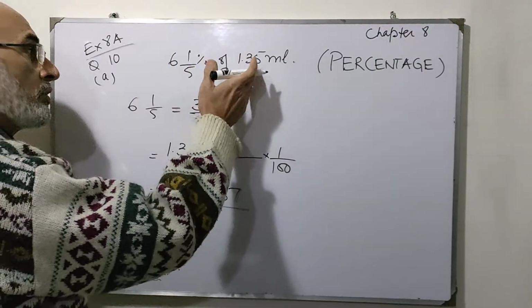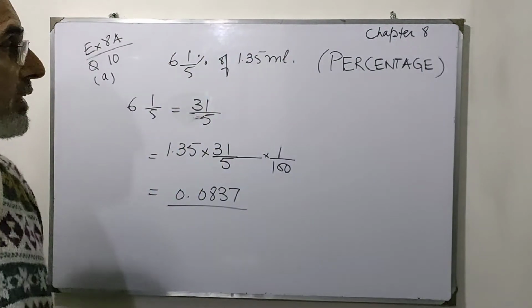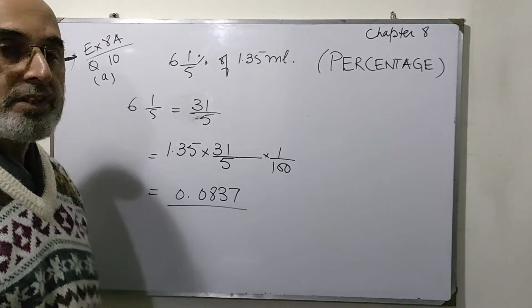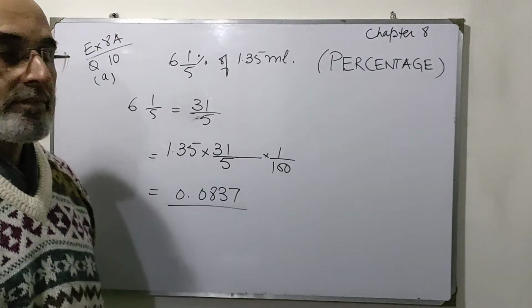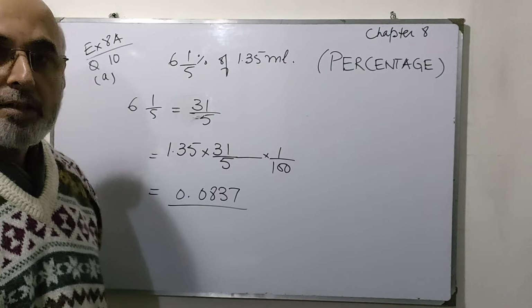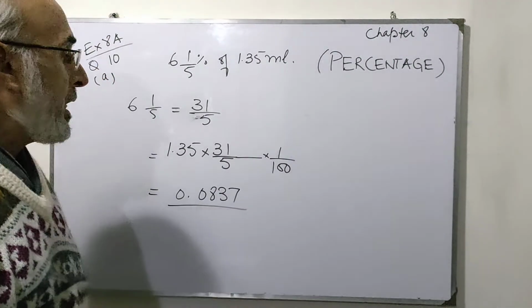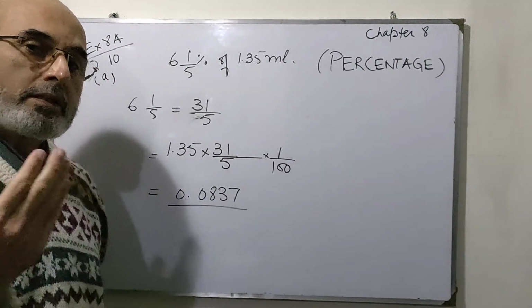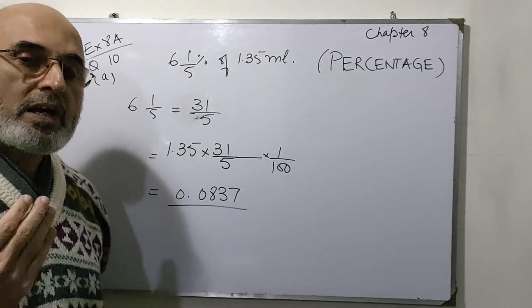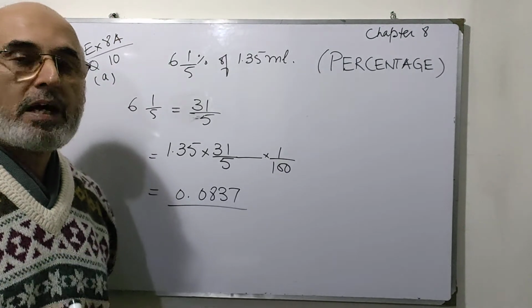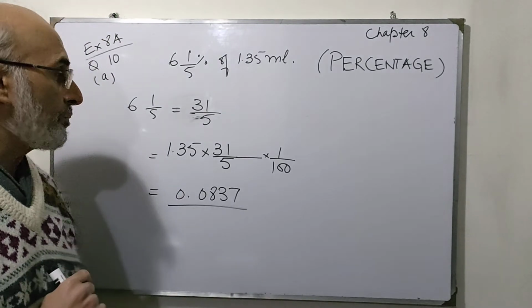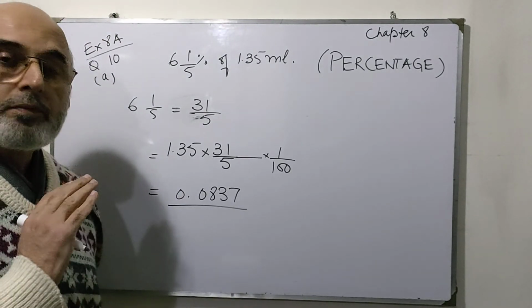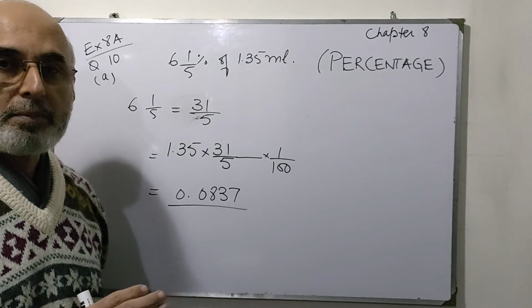So 6 whole 1/5% of 1.35 milliliters is 0.0837, which is much less than a single milliliter. So the thing to learn is that whenever we have to take the value to percentage, we multiply it, and when we have to remove the percentage sign, we divide it by 100.